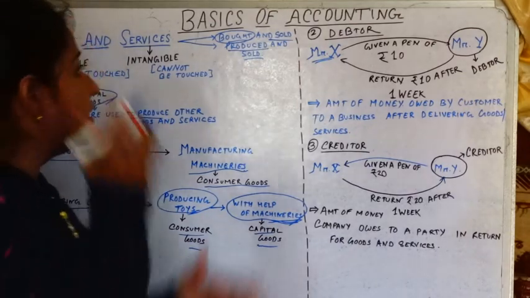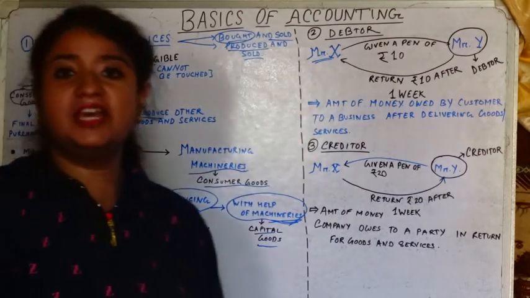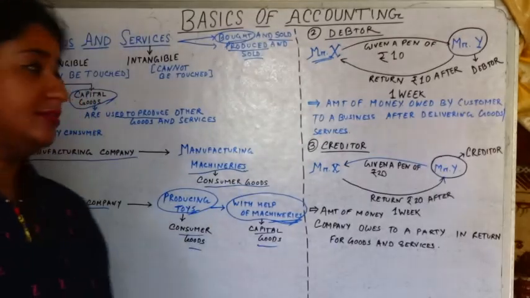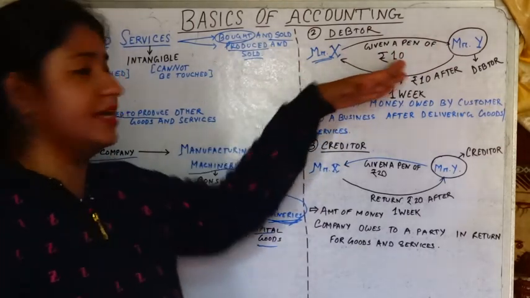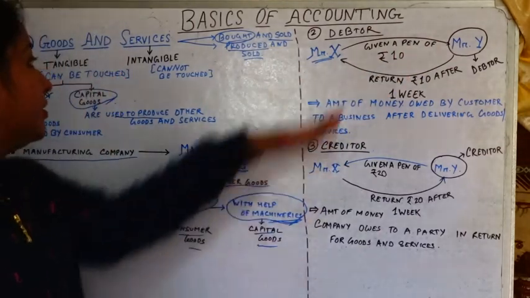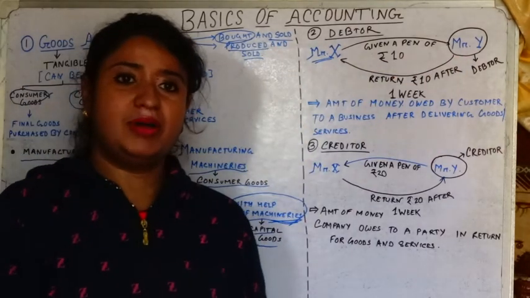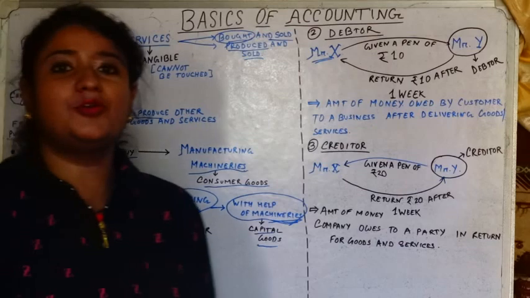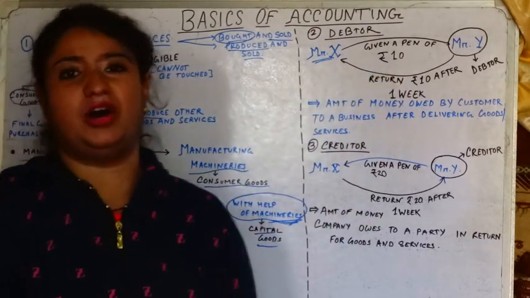One day, Mr. Y said to Mr. X, please give me your pen. He has given the pen, and the pen was ₹10. Now Mr. Y said, just give me the pen, but I have no money to give you right now, so I will give you after 1 week.